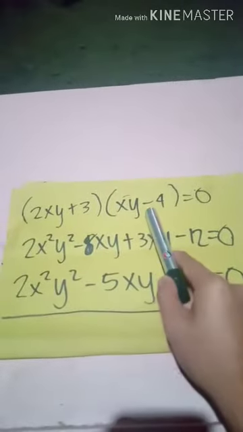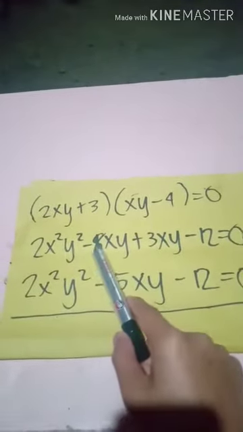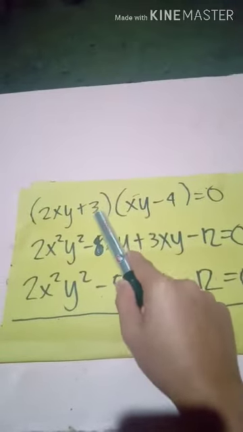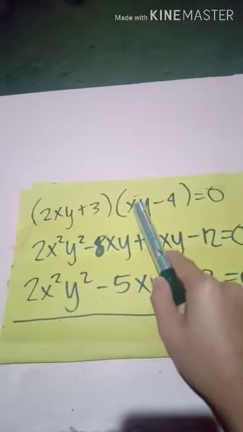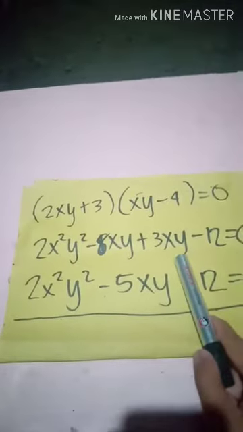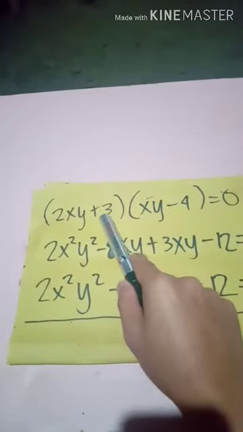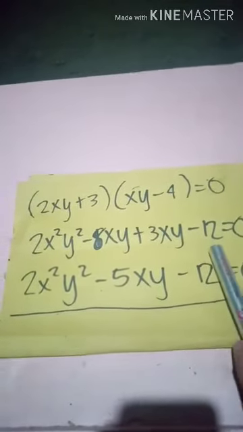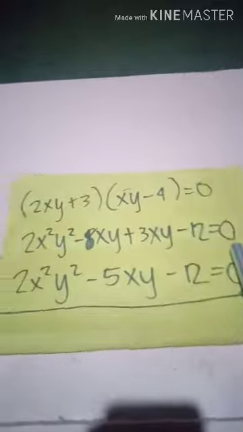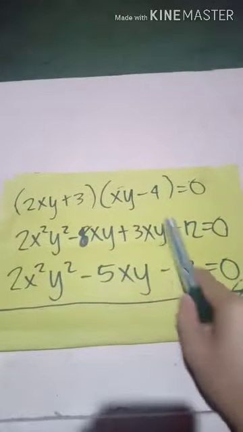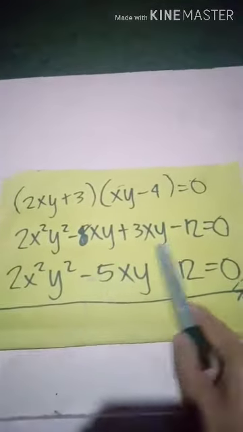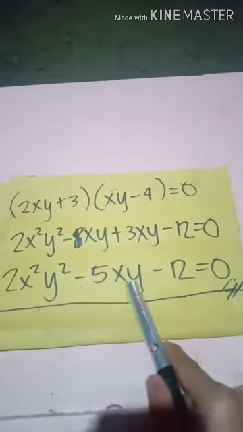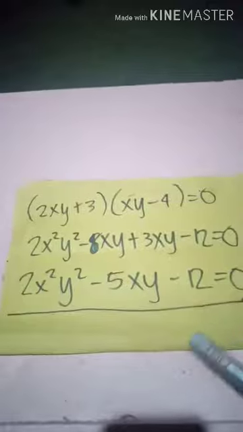Then 2xy times negative 4 is negative 8xy, plus 3 times xy is 3xy. Then positive 3 times negative 4 is negative 12 equals 0. Same variable, so 2x squared y squared minus 5xy minus 12 equals 0.